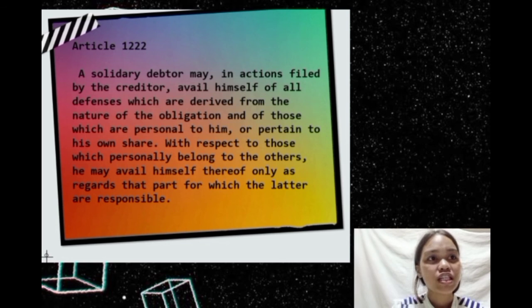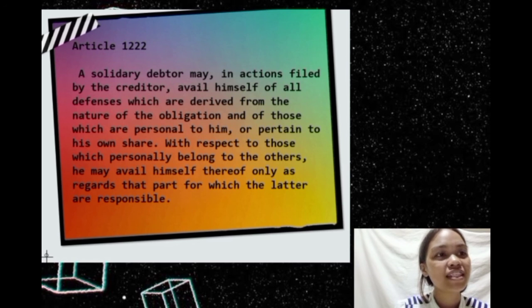Number two is defenses personal to, or which pertain to the share of, the debtor sued. For example, if the action by Kate is against Princess and Princess was insane at the time the obligation was contracted, Princess can put up the defense of insanity with respect to the entire obligation.